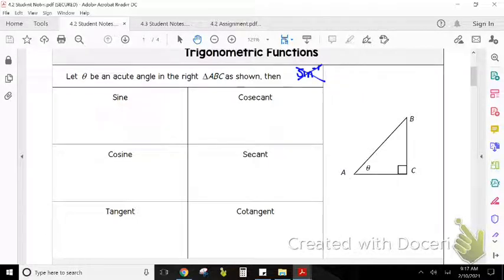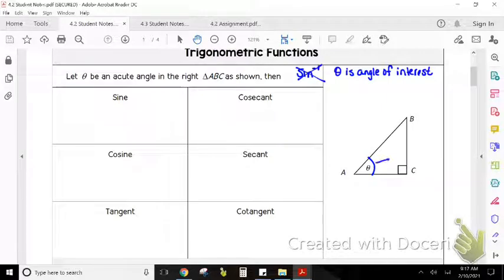Alright, so when we're looking at a triangle here, we've got this angle of interest, which we're going to let theta be. If theta is my angle of interest, we're going to label our sides as opposite, adjacent, and hypotenuse.